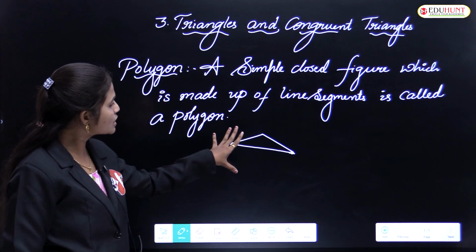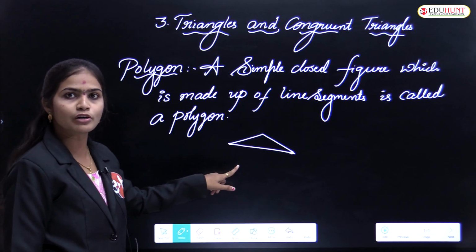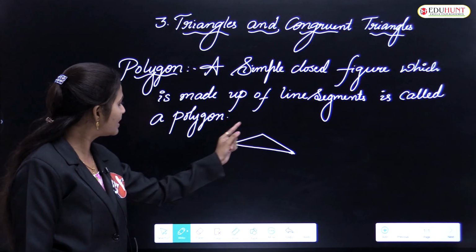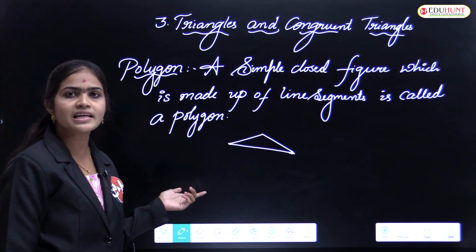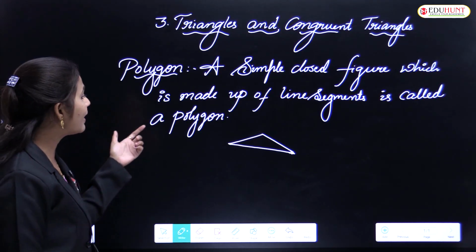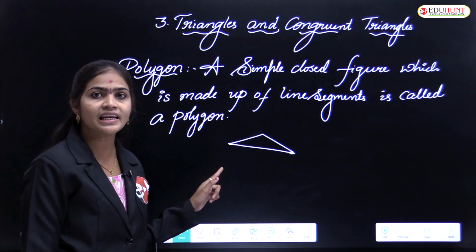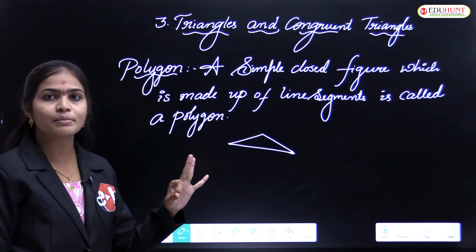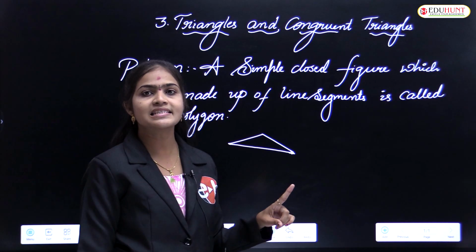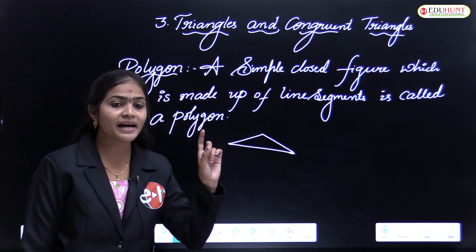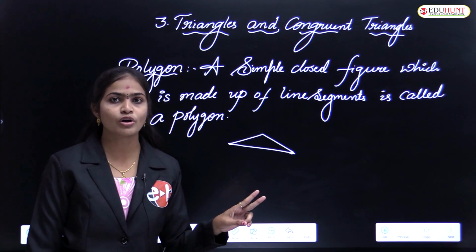Now when you observe this figure, this is a simple closed figure as well as made up of line segments. This is a closed figure only, that's why we are saying it is a simple closed figure made up of line segments. But this figure is made up of how many line segments? 3 line segments. So by taking one line segment it is not possible to form a polygon, and by taking 2 line segments also it is not possible.